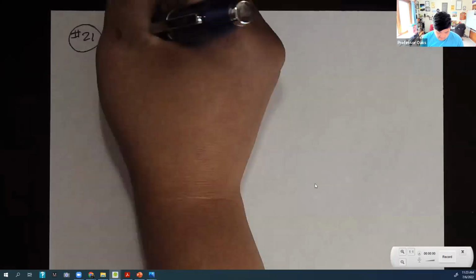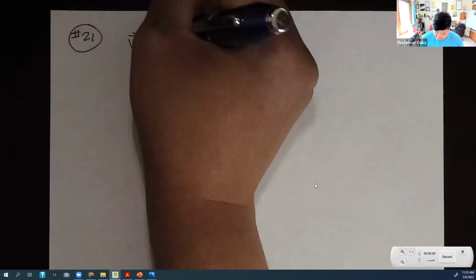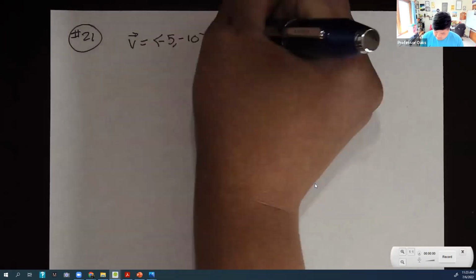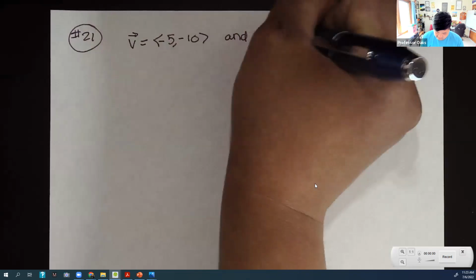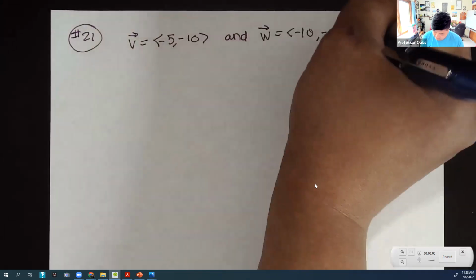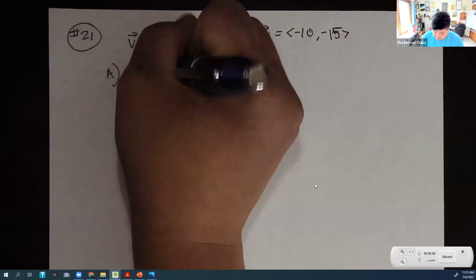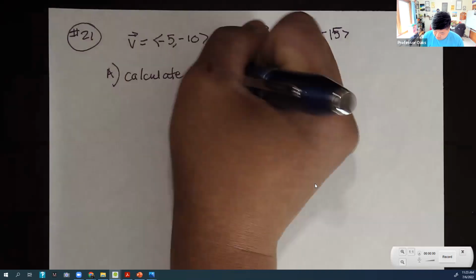So number 21, it says if vector v is -5, -10, and vector w is -10, -15, then you're going to do part A, calculate their dot product.